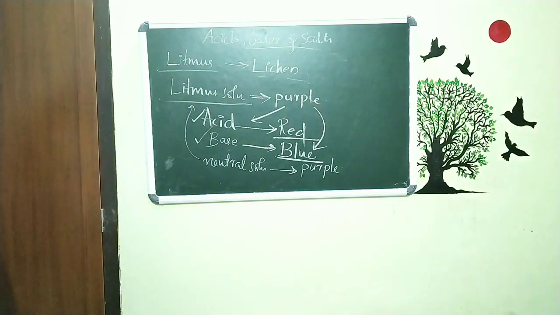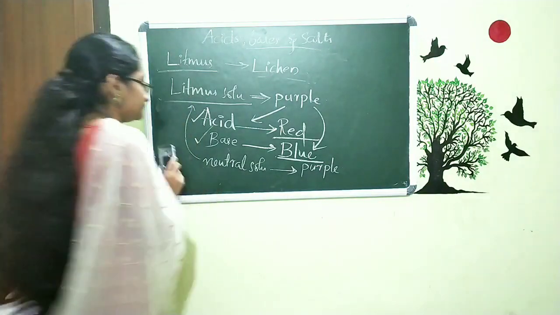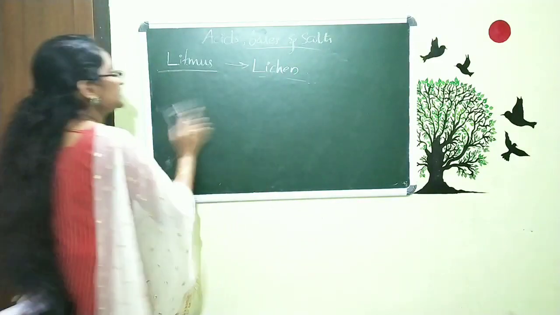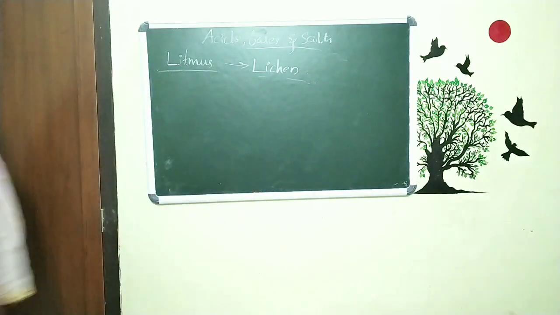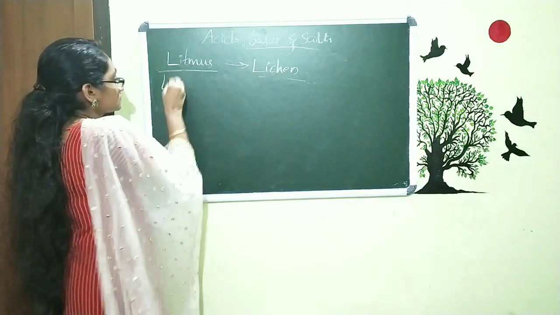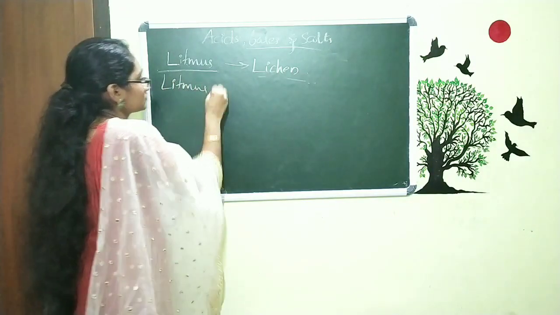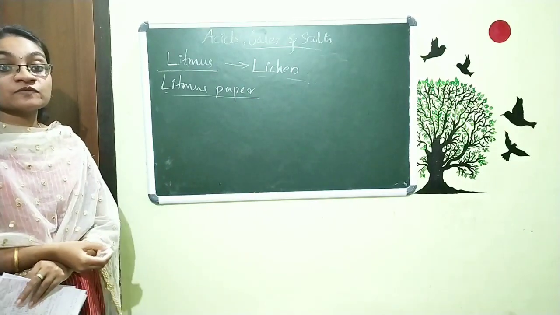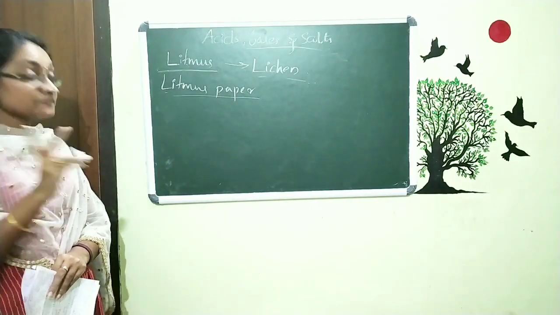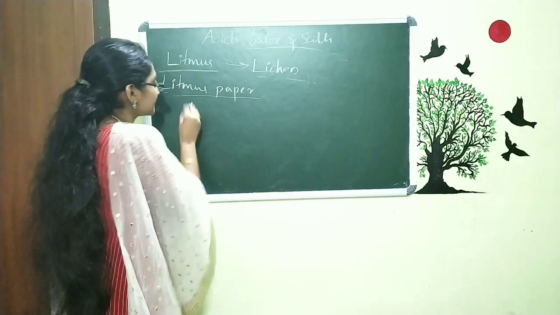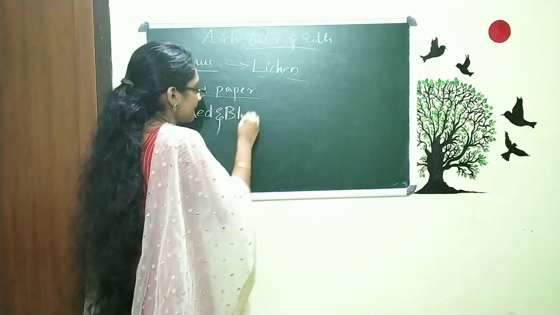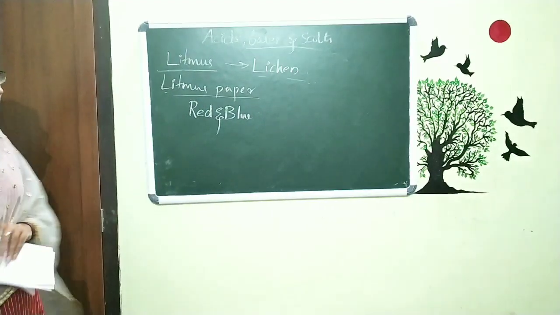Now we are going to discuss the litmus paper. We have two different types of litmus papers, red litmus paper and blue litmus paper.